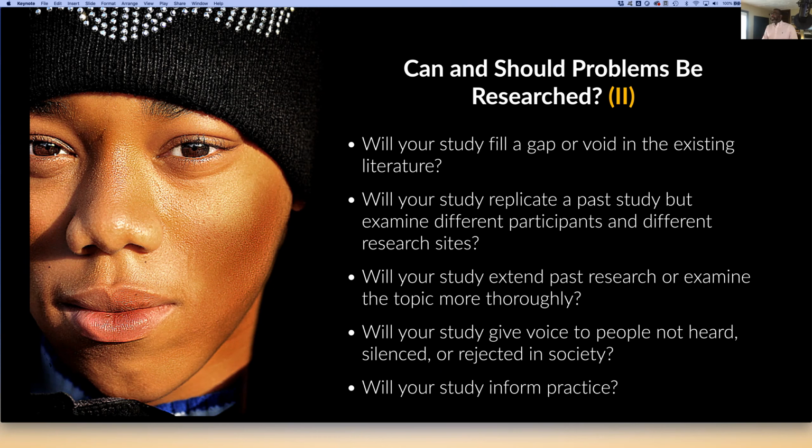Will your study extend past research or examine the topic more thoroughly? Sometimes there are seminal studies done in the 40s and the 50s and the 60s, and things have changed. We've had the internet, we've had a lot of different things change education. And so we need to see how this theory has changed or how it looks now in 2020 versus something that was studied in 1940.